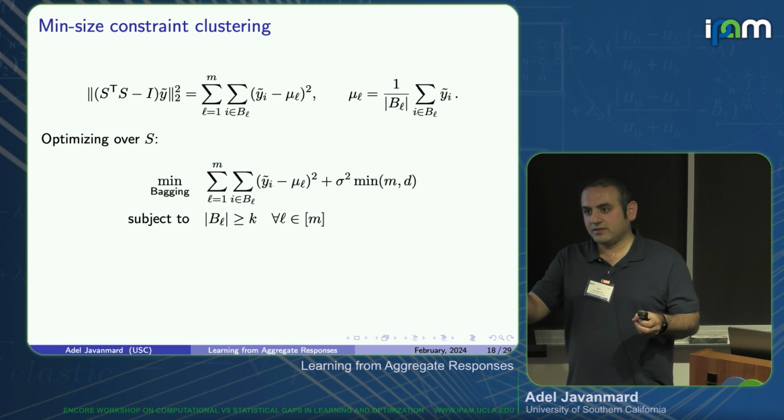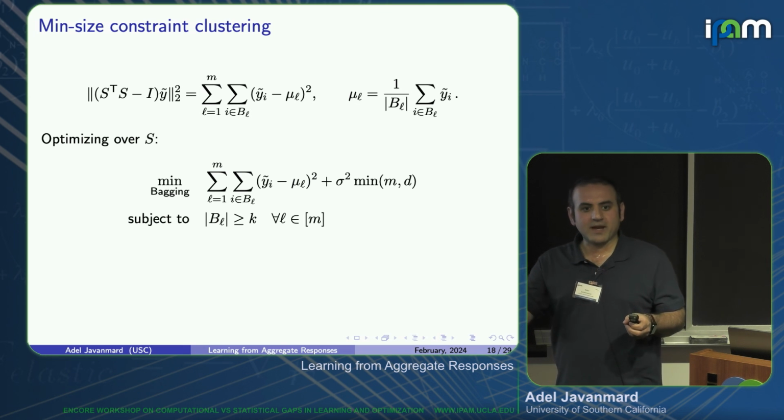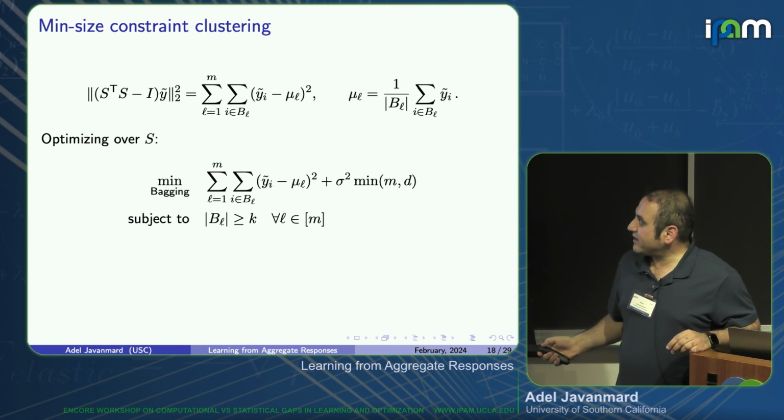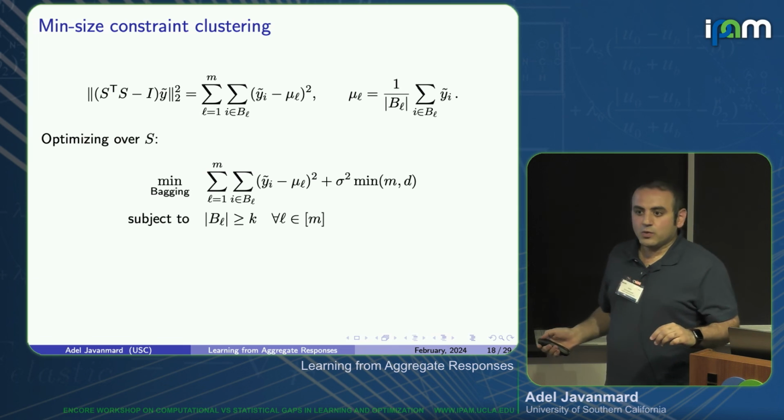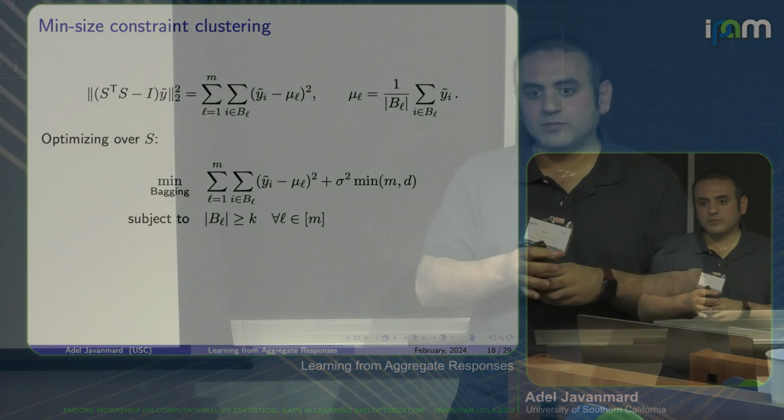They're non-overlapping, so the distance to the center of the bag would be smaller. So if I increase the number of bags, then this term would go down. But this term would go up. Why? Because if you think about the variance term, larger bags are better. You are aggregating over a larger set. So the variation in the aggregate responses becomes lower if the bags are larger. Okay? So we have a different trade-off here.